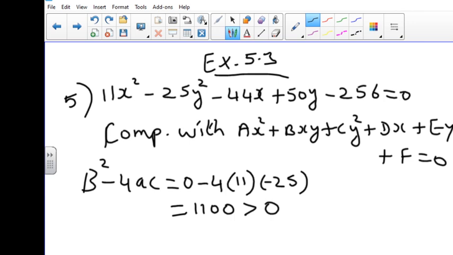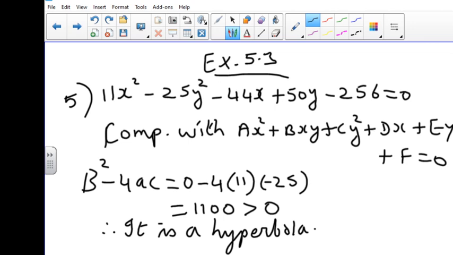So b square minus 4ac is greater than 0, therefore it is a hyperbola. We have already seen this in the first part. When b square minus 4ac is less than 0, it is an ellipse, and when it is equal to 0, we have a parabola. So when it is greater than 0, it is a hyperbola.